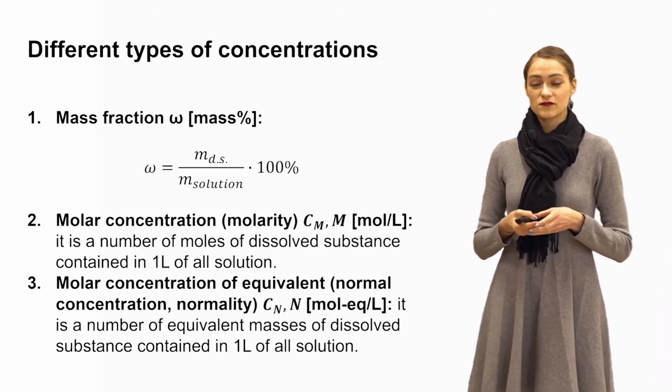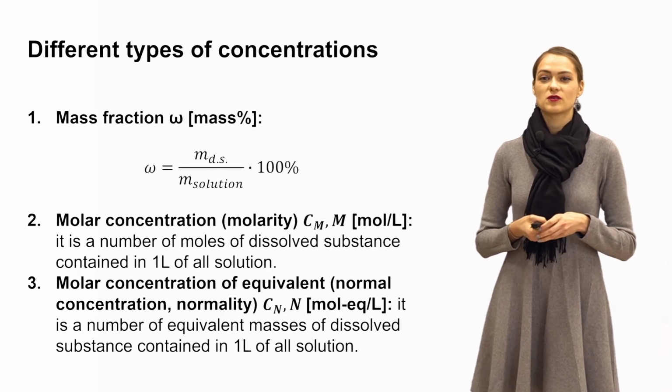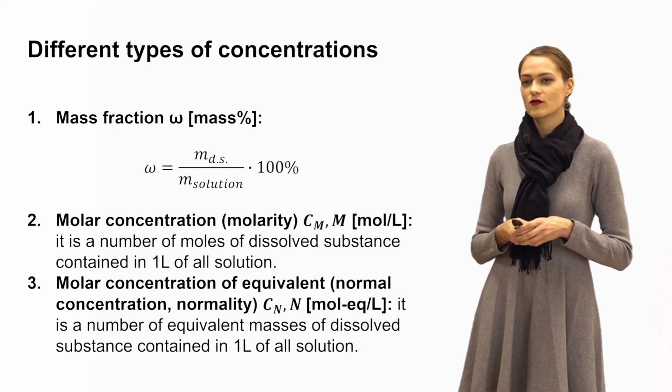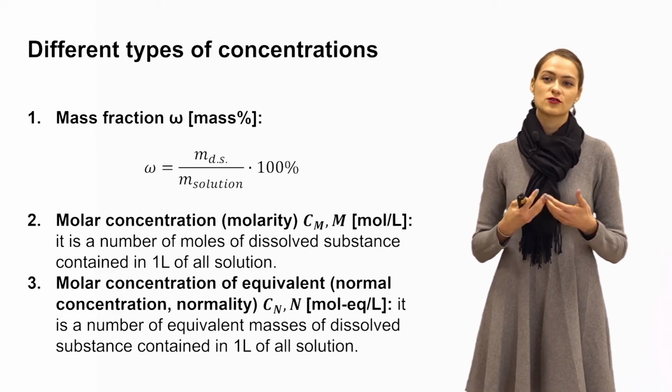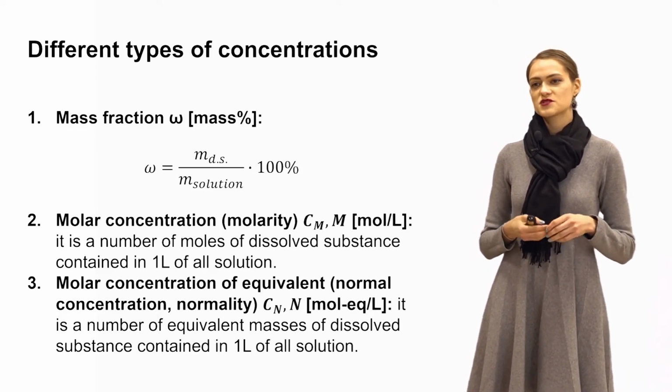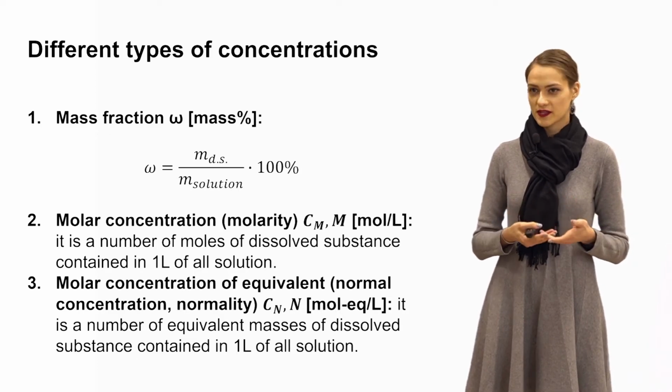And the third concentration, we call it molar concentration of equivalent, or sometimes normality, normal concentration, and express it as C with index n.